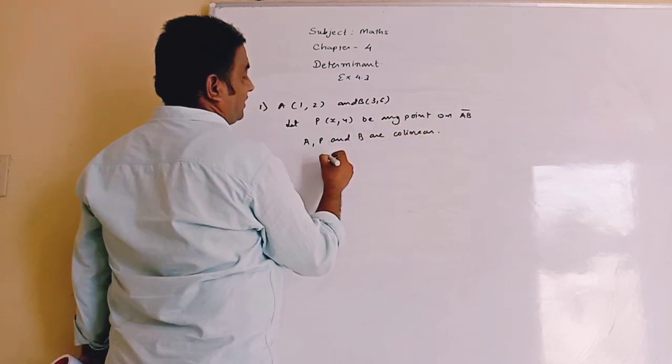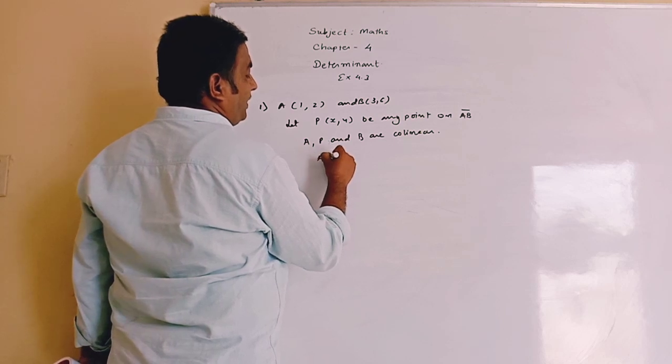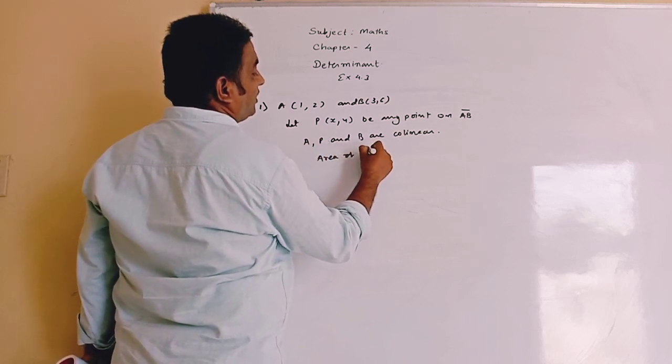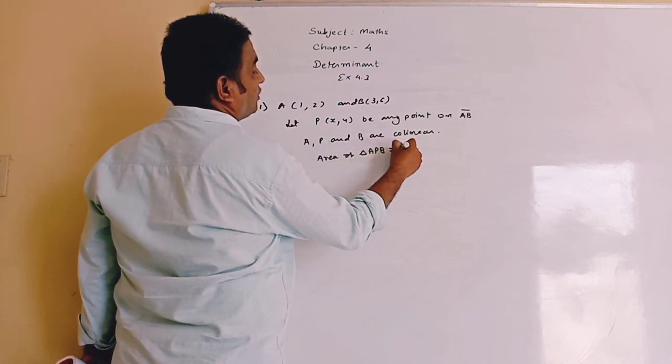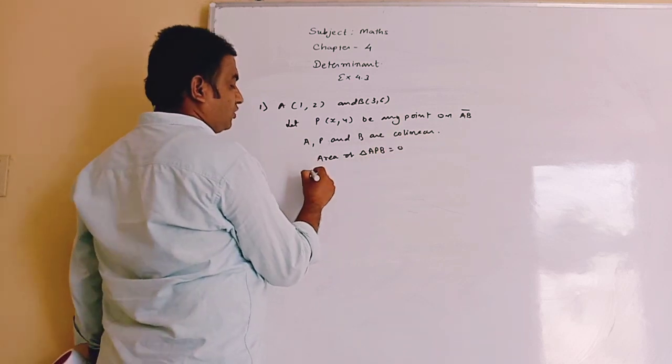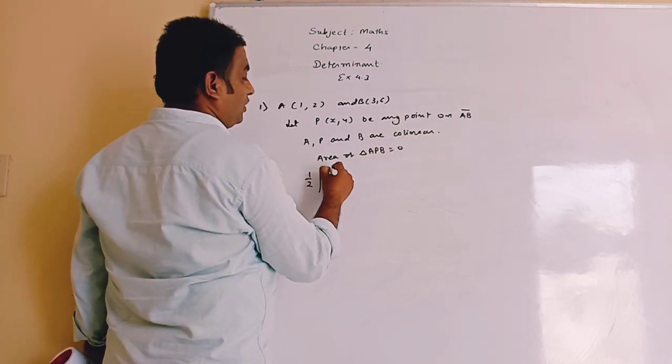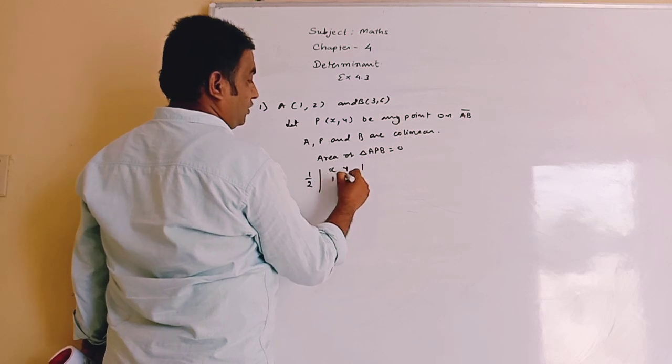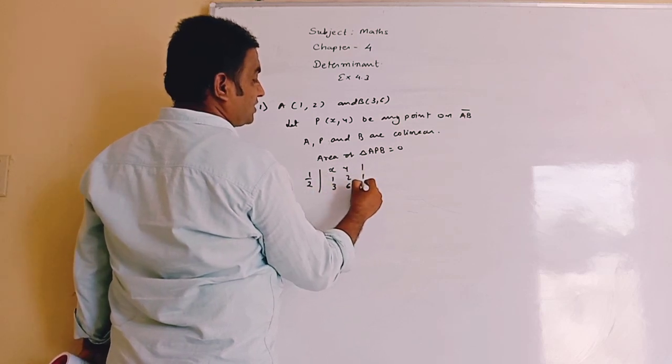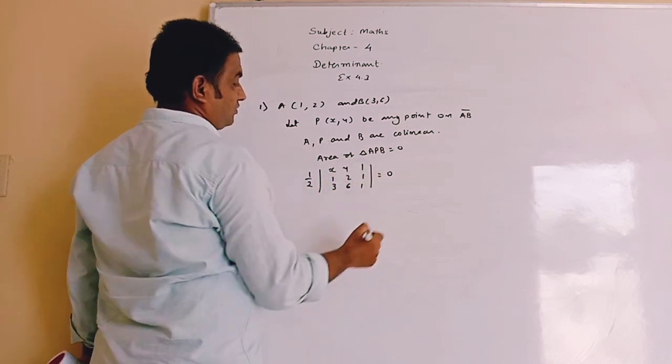And that is why the area of triangle APB equals 0. So as area equals 0, we can write 1 by 2 times the determinant |x y 1; 1 2 1; 3 6 1| equals 0.